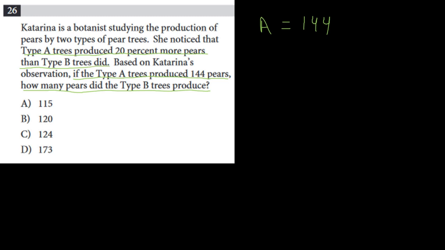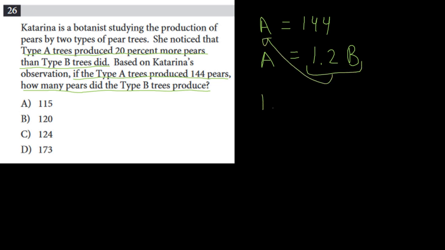From here, I'm just setting up this problem. I know that type A produced 20% more, which is the same thing as saying 1.2 B. Then I can just plug it in: the 1.2 B, I plug into right here.